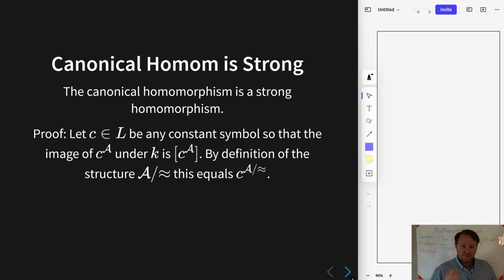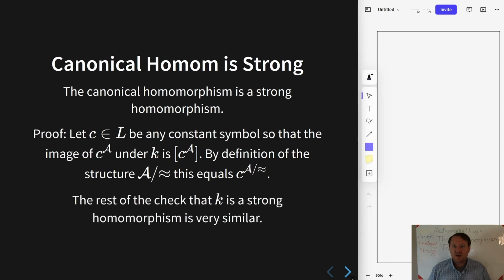Well, under this mapping, by definition of the map, the image is the equivalence class of C interpreted in A, but in fact that is just, by construction of the quotient structure, the same thing as the interpretation of C in the quotient structure. It's exactly what we wanted to prove. All of the rest of checking that this is a strong homomorphism is basically just like that.